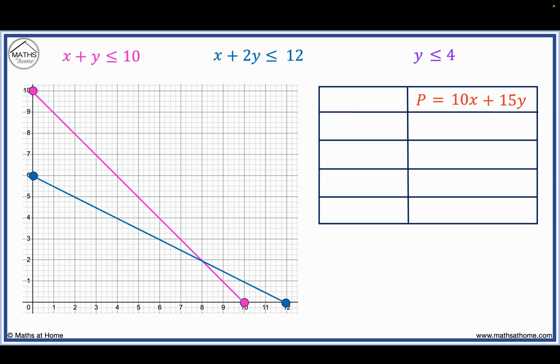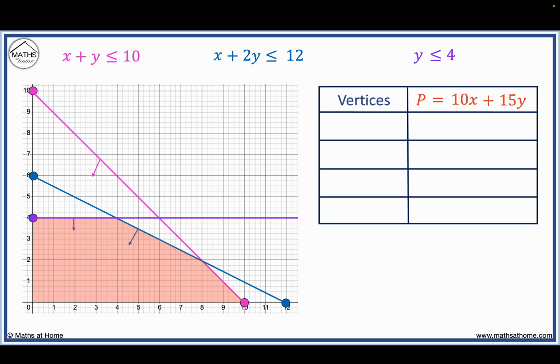It is a horizontal line at 4. Since we have a less than or equal to sign, we shade below the first line. We shade below the following two lines also. Here is the feasible region, below all three lines.